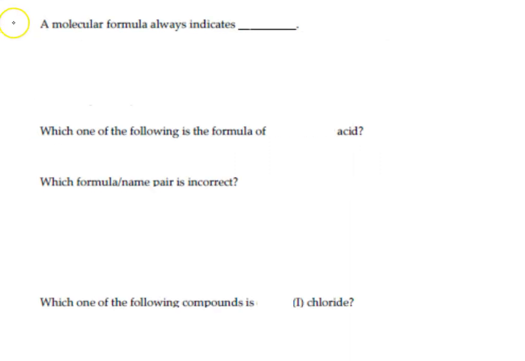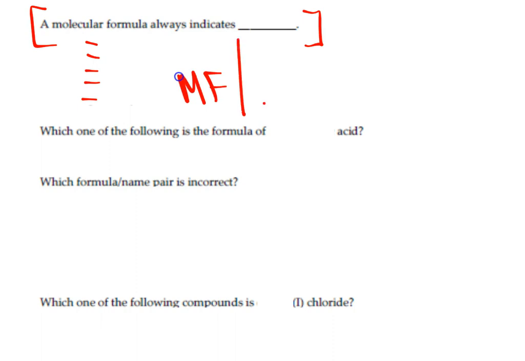All right. A molecular formula always indicates. This is harder in Jeopardy to just figure out what we're looking for. But for this question, it's trying to get you to know the difference between the molecular formula and the empirical formula. You may recall the empirical formula is the lowest ratio of atoms in a compound.